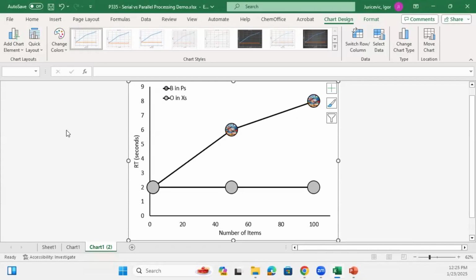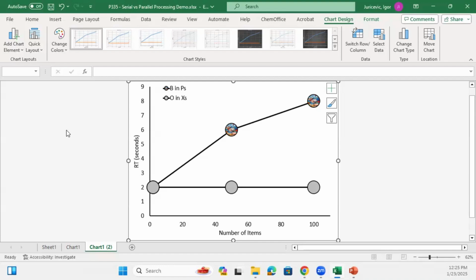On the other hand, the gray circles, the O's and the X's, were processed by a parallel processor. We know this because we added more distractors, but you were still able to process it as quickly as when there were fewer.